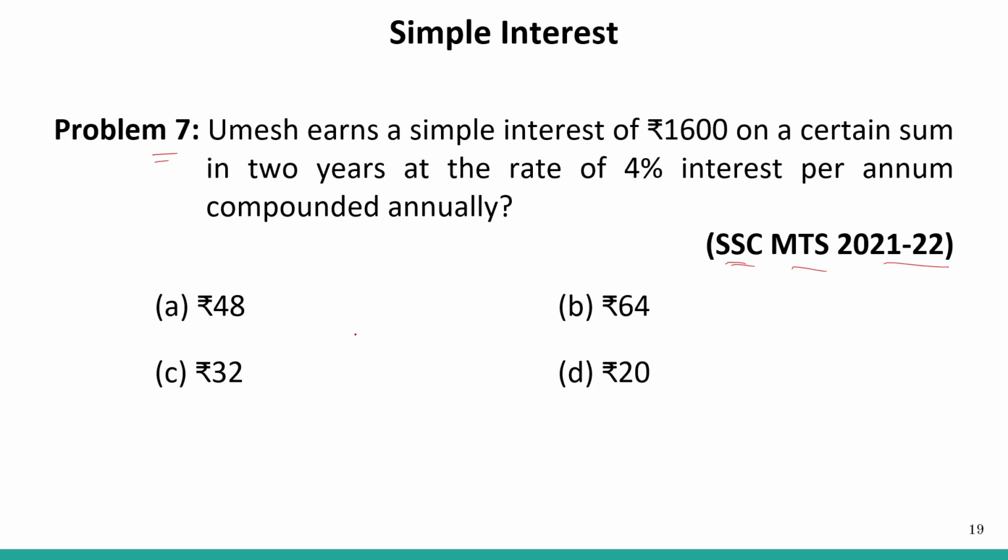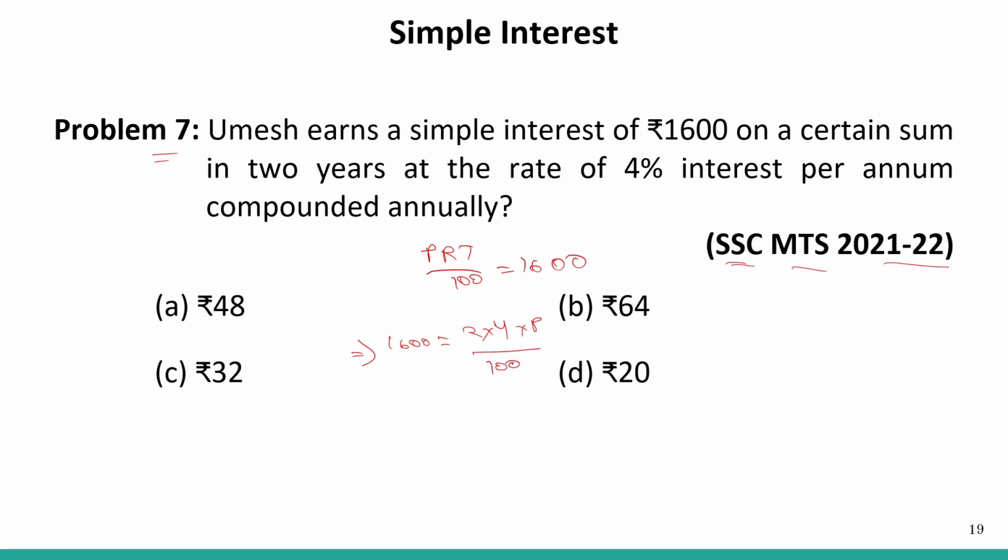So let's see. Given that Umesh earns simple interest, PRT by 100 is equal to 1600, right? Because here simple interest is given and the rate is in percentage, so we use this formula. So 1600 is equal to P into 2 into 4 by 100, where P is unknown here.